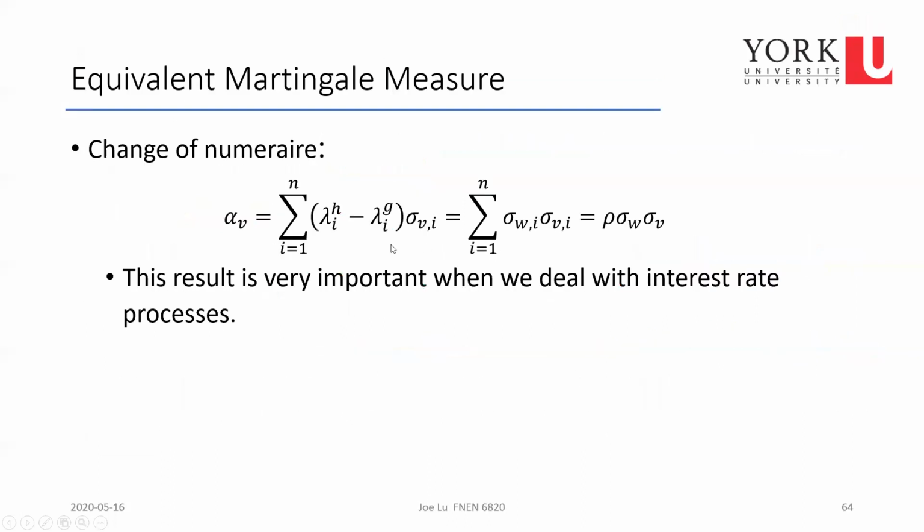Okay, so now because they have the same form, this will also be true. So the change of numeraire you can use is this particular form. Once you have this adjustment put into the drift, you have successfully changed from one numeraire to another numeraire, meaning that you have adjusted your process by changing the drift of the process.